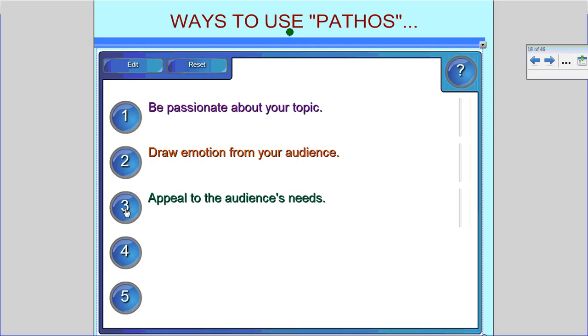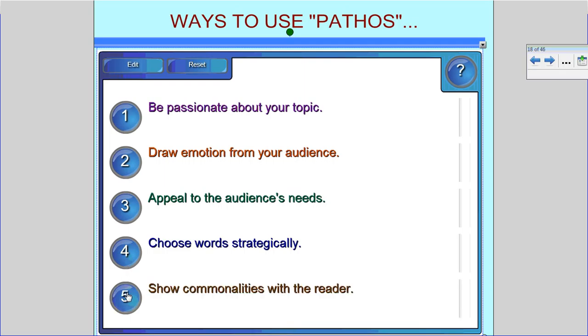So think about, how is this going to influence or affect them? Also, make sure that you choose your words very carefully, again using appropriate language, but using words that have strong connotation. And then also show commonalities with the reader. Why would the reader want to listen to you? What do you have in common with them?